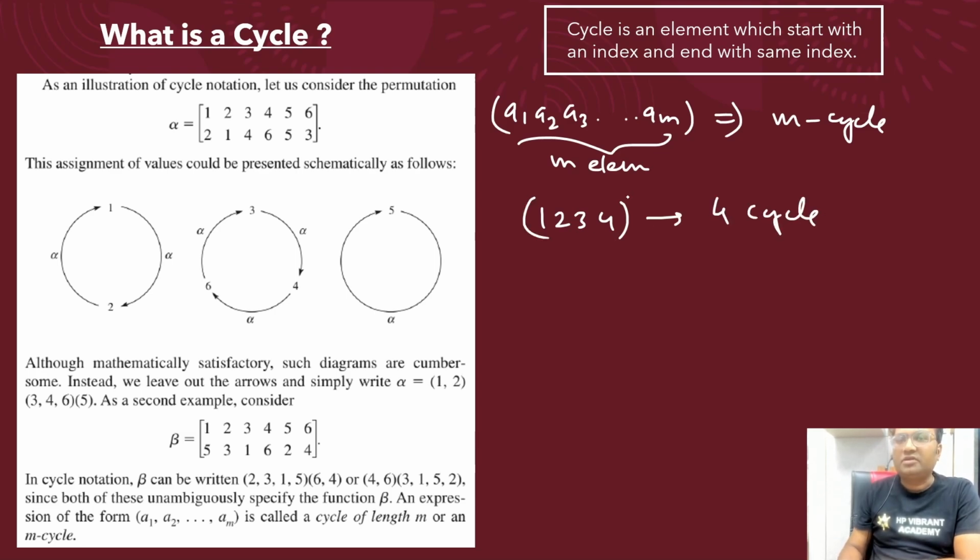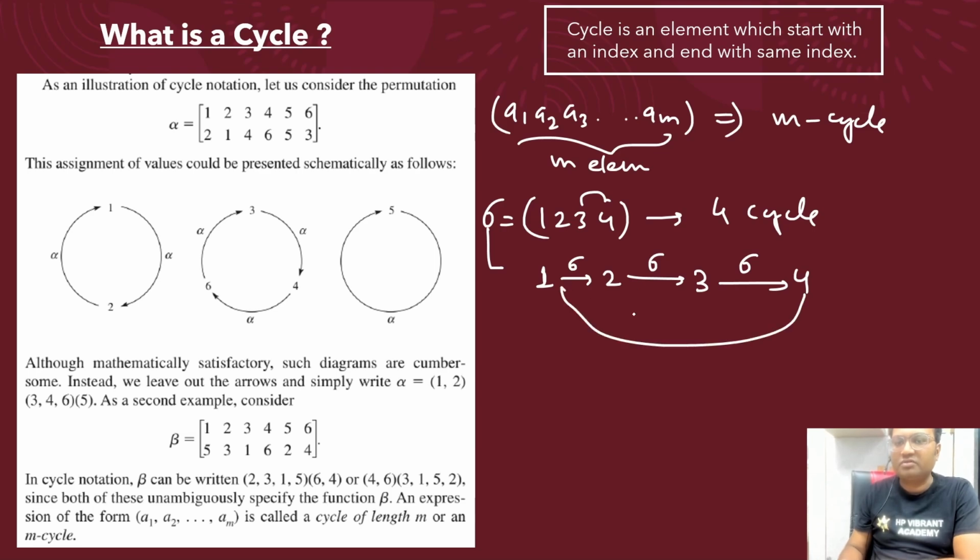This is nothing but a permutation. What does this permutation do? It sends 1 to the next element. On applying sigma it sends 1 to 2, again it sends 2 to 3, again it sends 3 to 4, and again it sends 4 to 1.